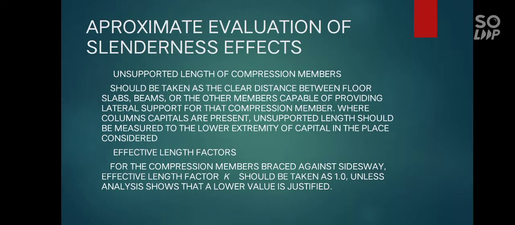While the effective length factor for compression members braced against sidesway, effective length factor K should be taken as 1.0 unless analysis shows that a lower value is justified. So ato ra ning i-discuss more sa sunod nga mga slides. Ato sang laktawan.